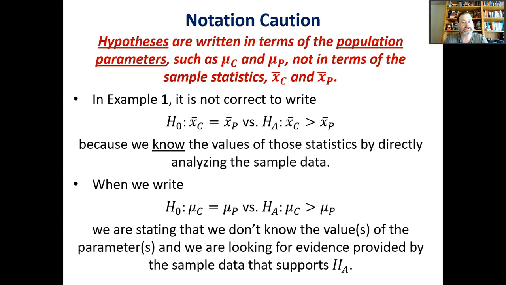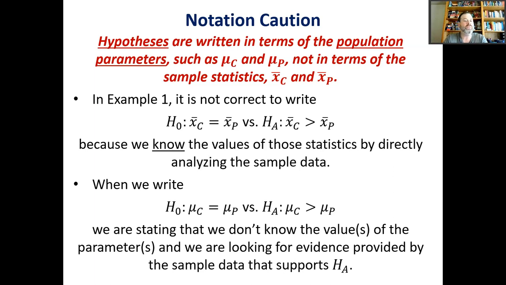In other words, information from a sample is readily available to researchers and, by proxy, us, because we have access to that data. So what we do is we don't use sample statistics in the hypotheses. It's not correct, and it doesn't make any sense to do it.